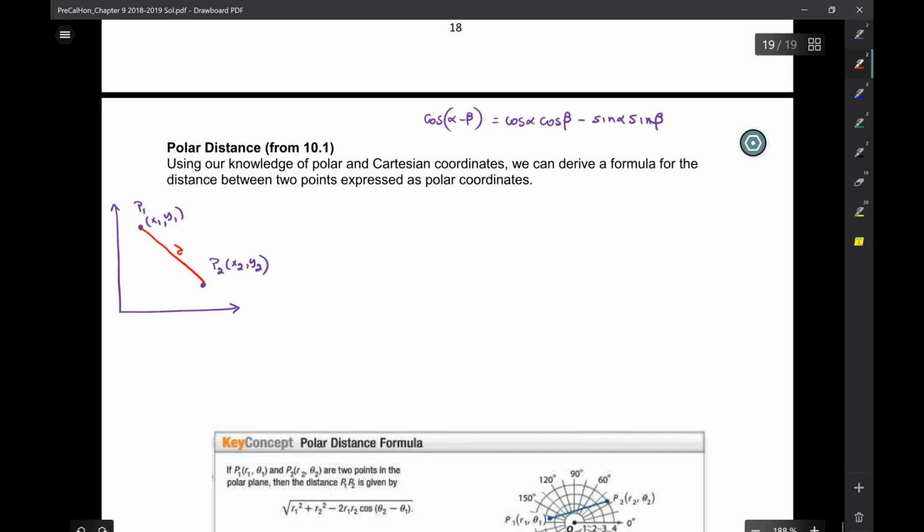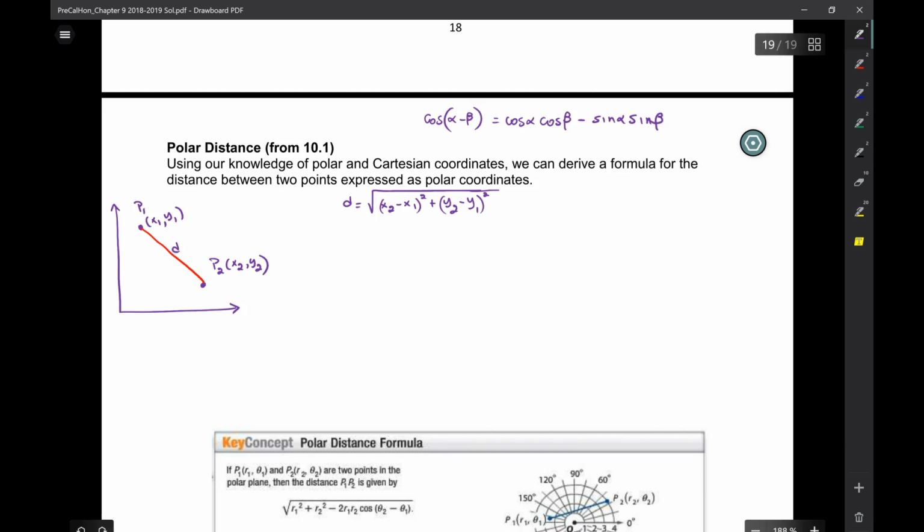In Cartesian coordinates, what is that distance? It's the square root of x2 minus x1 squared plus y2 minus y1 squared. You remember that? Back in the day.